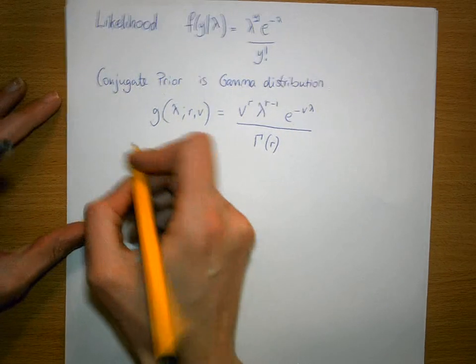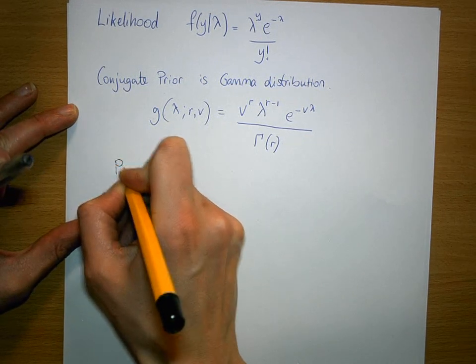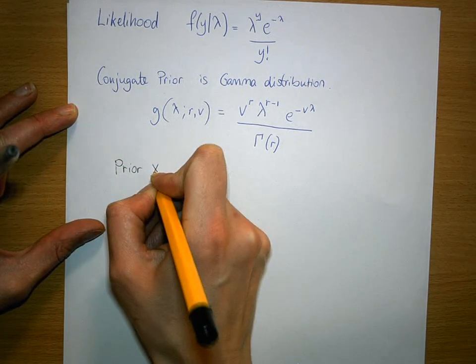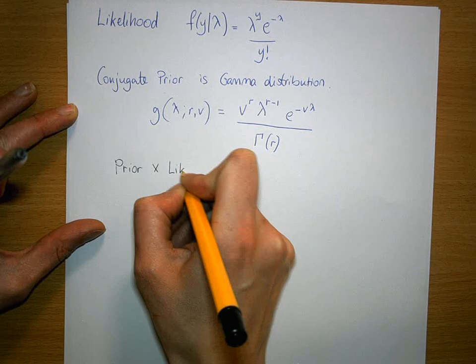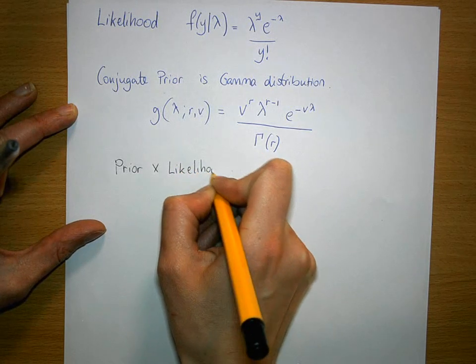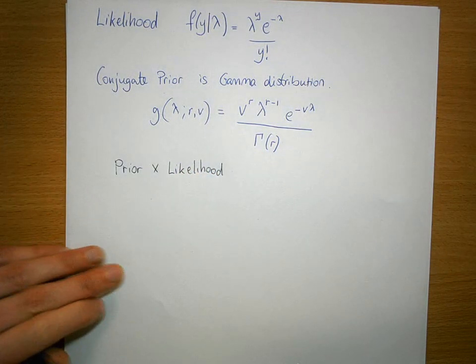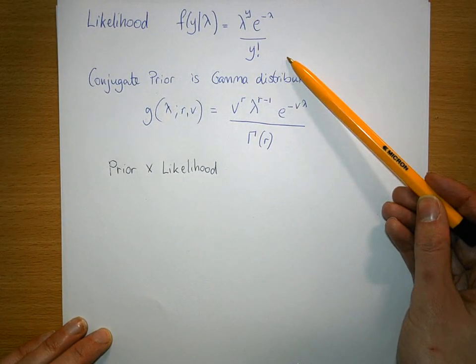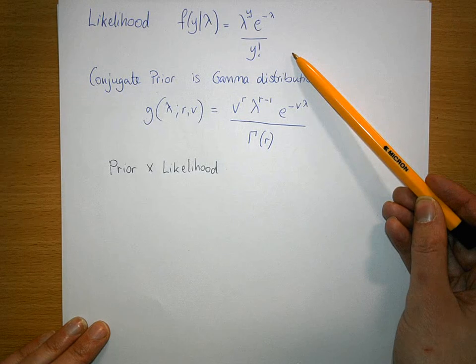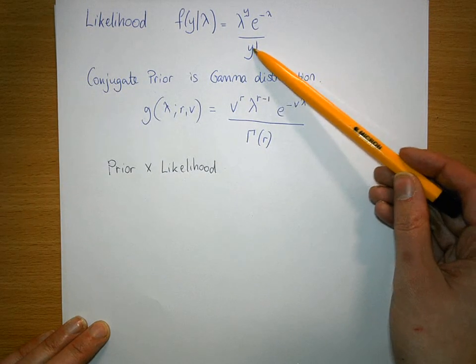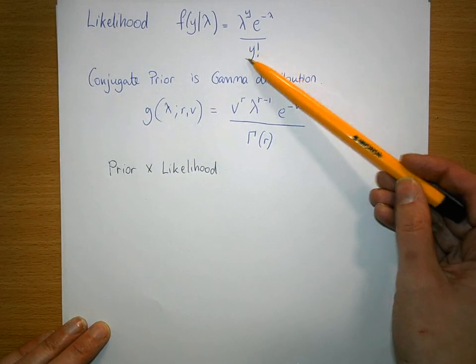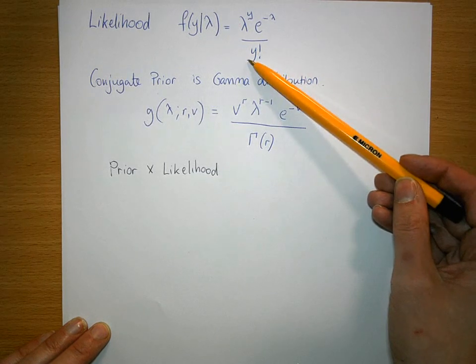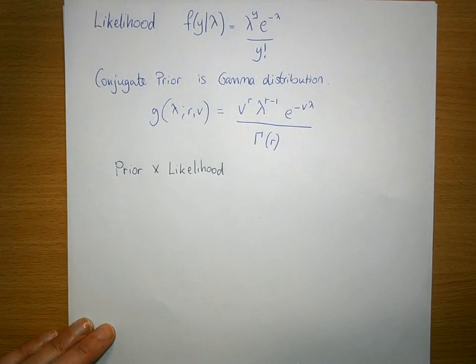So we go prior times likelihood. And if you think about your gamma distribution, your Poisson distribution up here, you'll see, if you're thinking about it in terms of lambda, this y factorial is a constant.